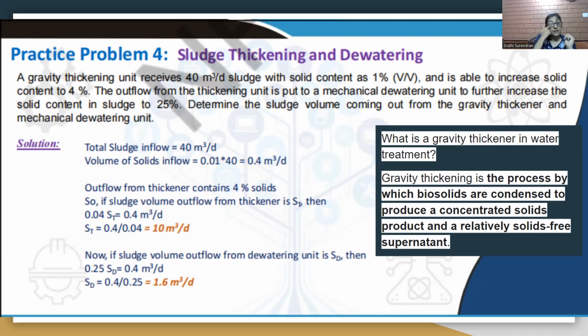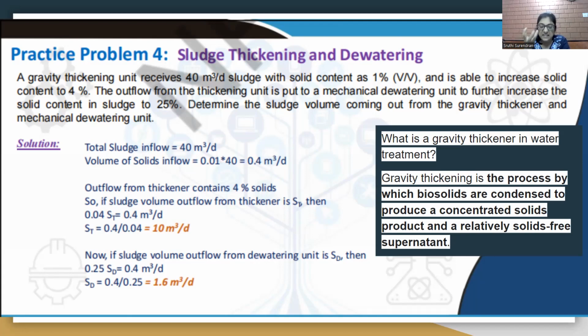So I'll go through the question once again. It will take a while for you to wrap your head around terms like solid content and sludge volume. So a gravity thickening unit receives 40 meter cube per day sludge with the solid content as 1%, V by V indicating volume of solid to volume of sludge, and it is able to increase the solid content to 4%.